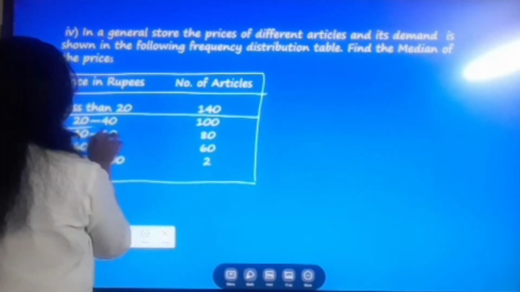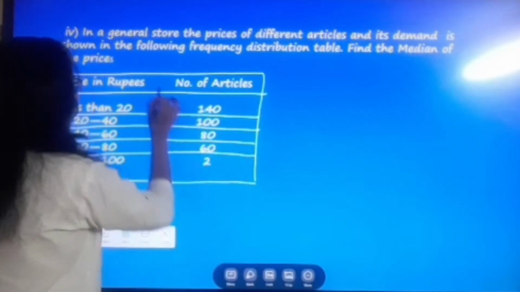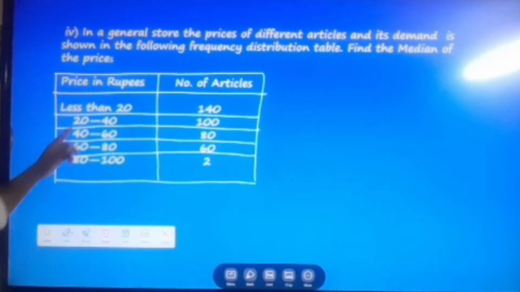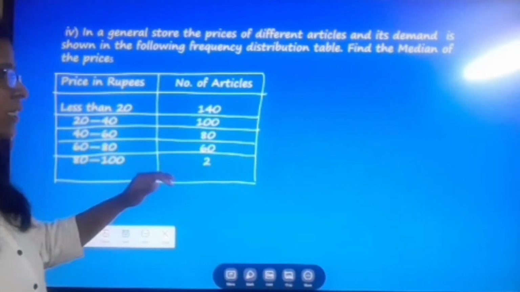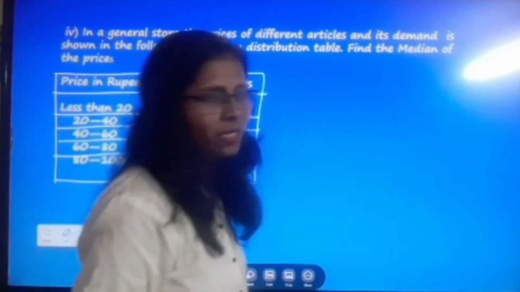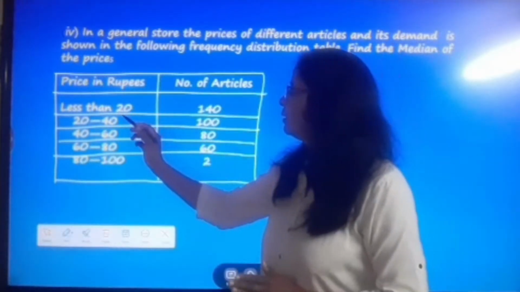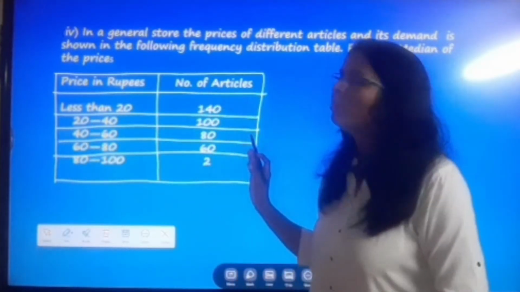Okay, this way. There are two columns, students. In the first column, price in rupees is given in the class interval form, students. And in the second column is the number of articles.